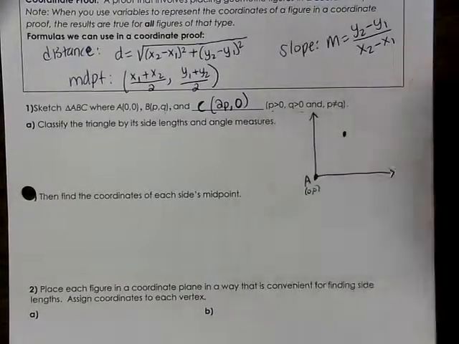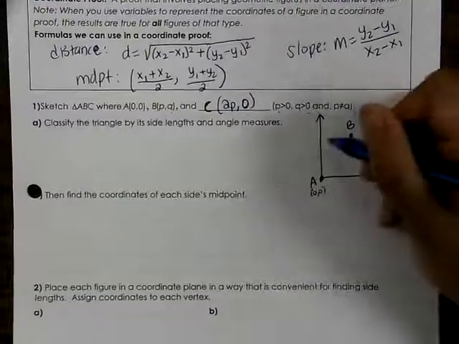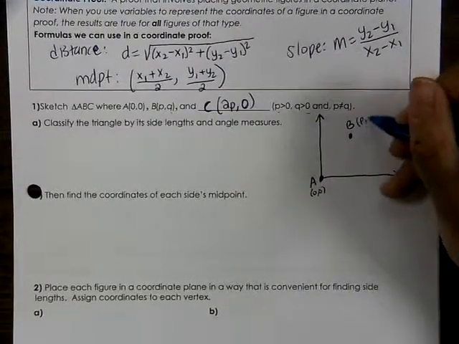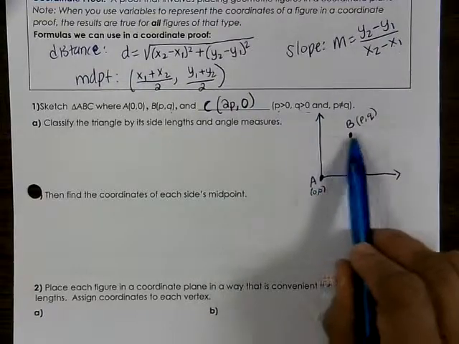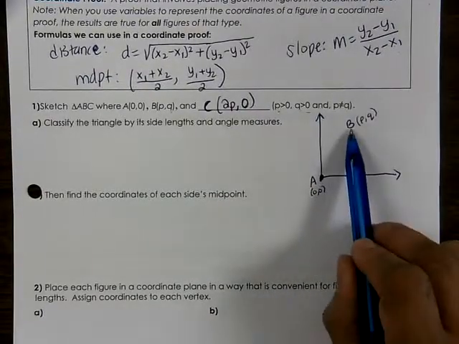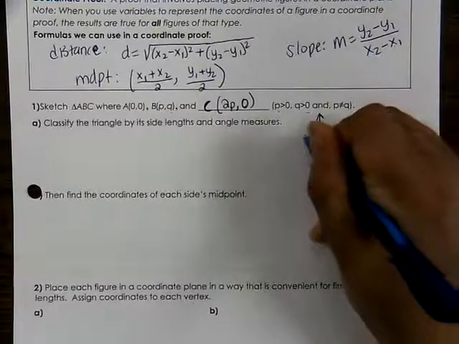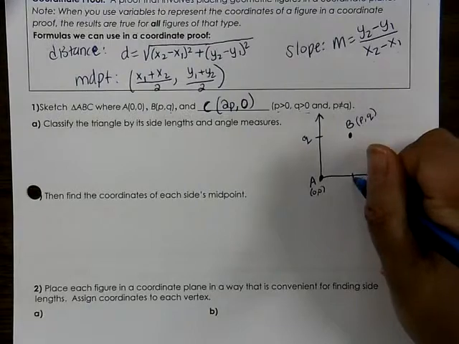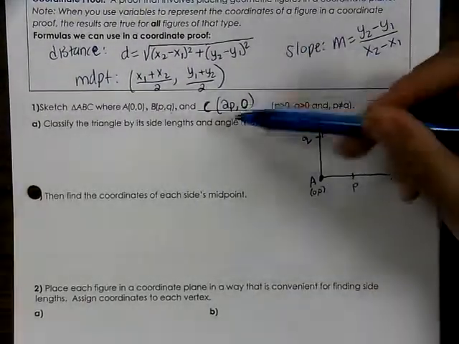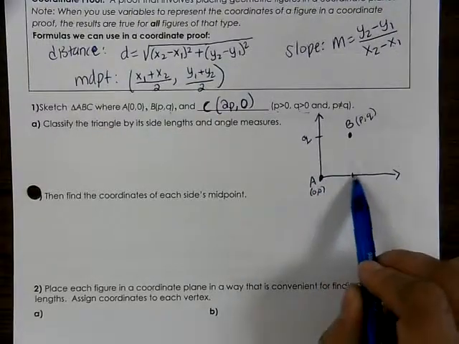So let's say this is B. If this is point B, I'll label it P, Q. That means that I went P units horizontally, right? And then I went Q units up. So if it helps you to label on this, you can say that's Q, like it could just be some number, and this would be P. So if C is sitting at 2P comma 0, then that means that it's the same distance away.